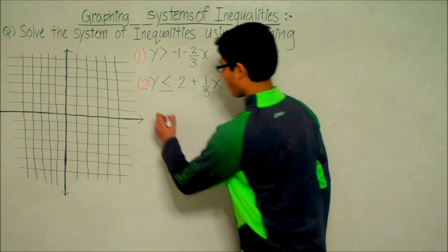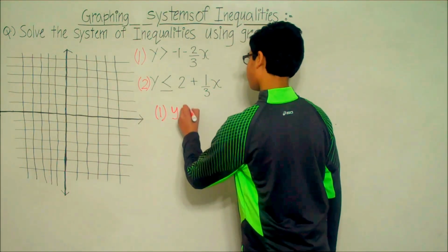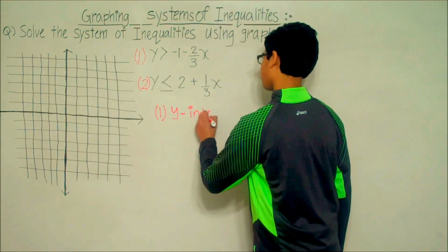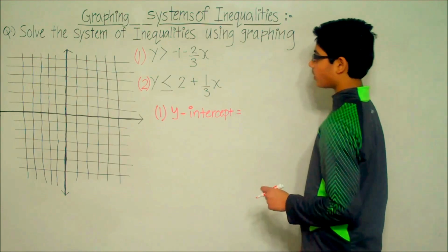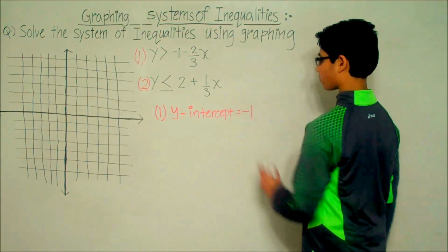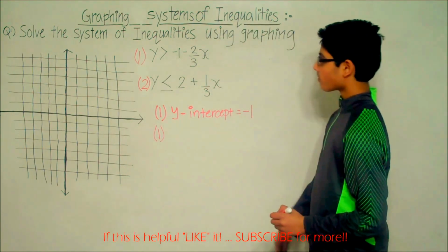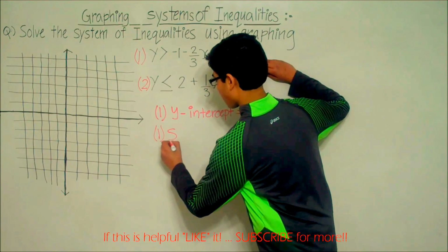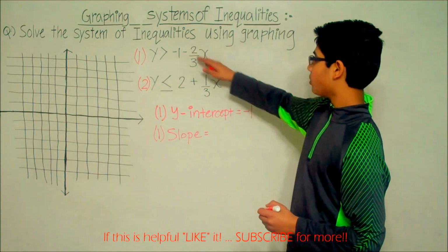In inequality 1, the y-intercept is equal to -1. In inequality 1, the slope is equal to -2 over 3.